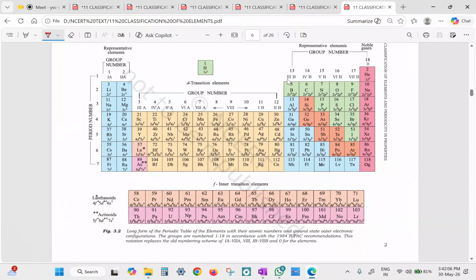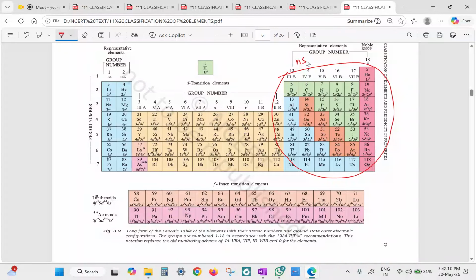So can I say all these elements have a fully filled ns? Yes. So I'll put it as ns2 and np varying from 1 to 6. So this becomes the general electronic configuration of the p block elements.